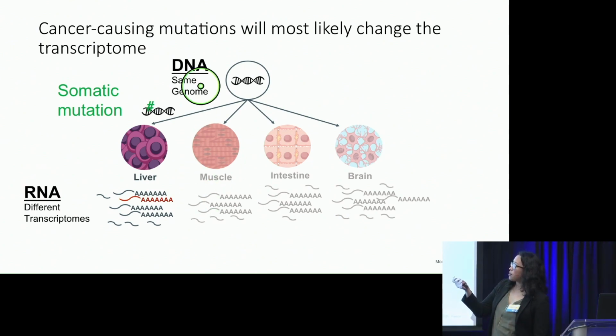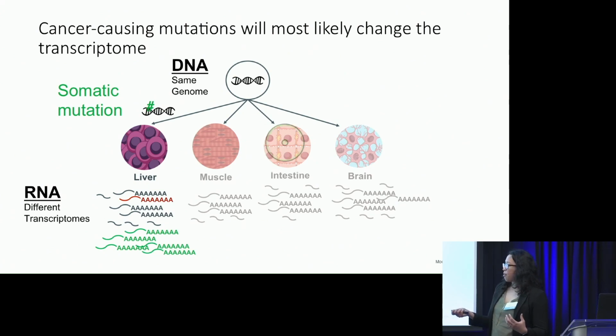So for example, if you have a somatic mutation, which is a mutation that you did not inherit from your parents, but something that arose in one of your cells in a specific tissue. If you have a somatic mutation, say in a liver cell, and it's a cancer-causing mutation, it's likely to change the output of that cell. And so you might see different transcripts that are expressed in that cell.